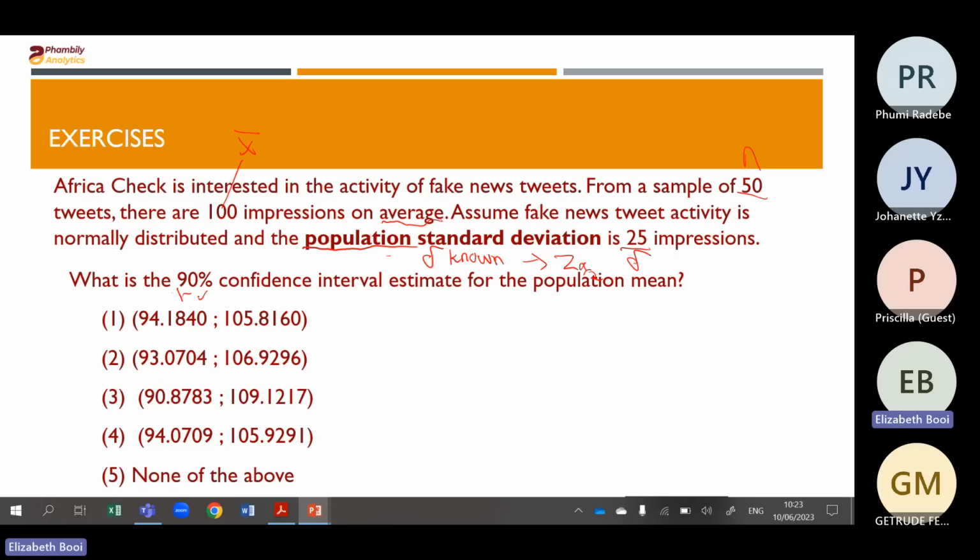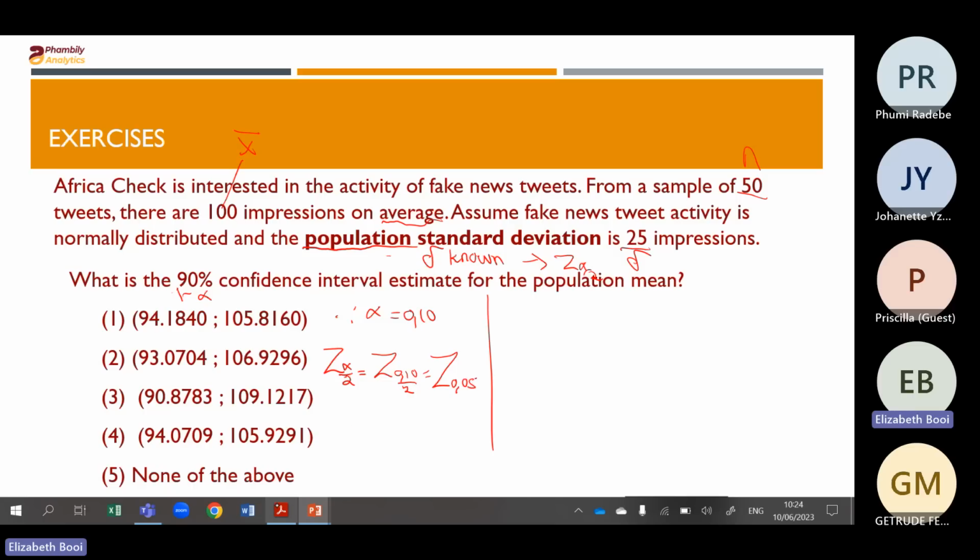So there they gave us our 1 minus alpha of 0.9. Therefore, our alpha value will be 0.10 because 1 minus 0.90 is 0.10. So I need to go find my critical value. Finding critical value will be Z alpha divided by 2, which is Z of 0.10 divided by 2, which is Z of 0.05.